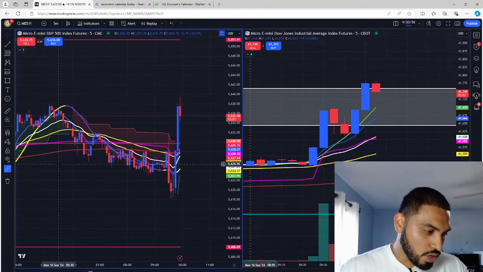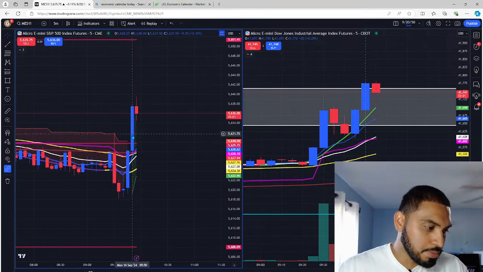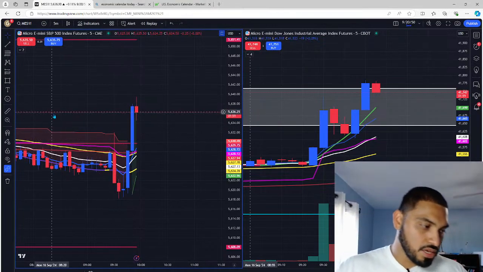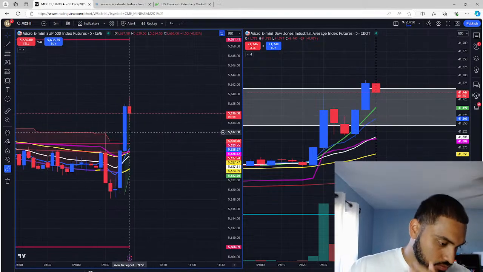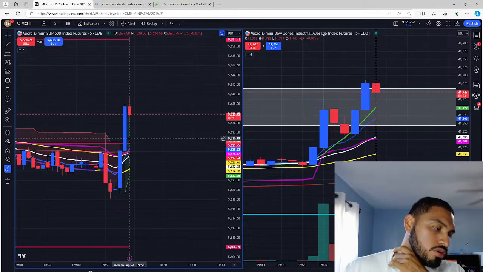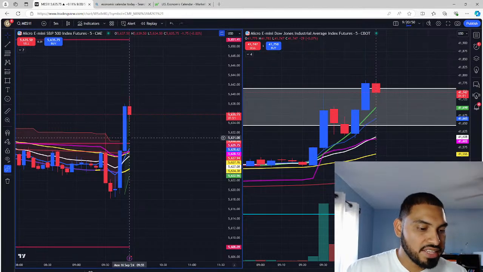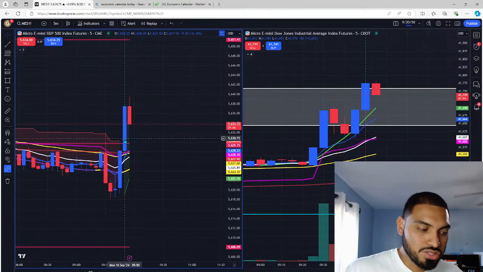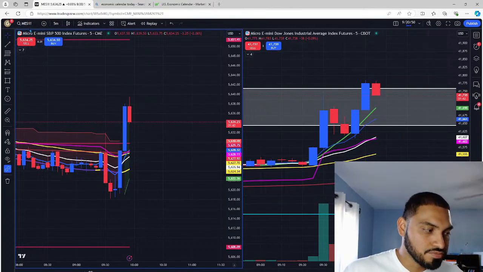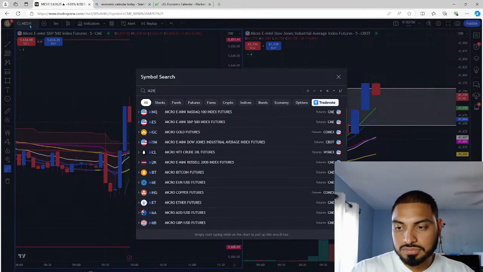So here's a different story. We are above the 200, big boom candle, and it looks like it's following the Dow Jones or vice versa. So we got two of the indexes bullish and the other two bearish. But it looks like the other two are trying to catch up with these. Interesting.